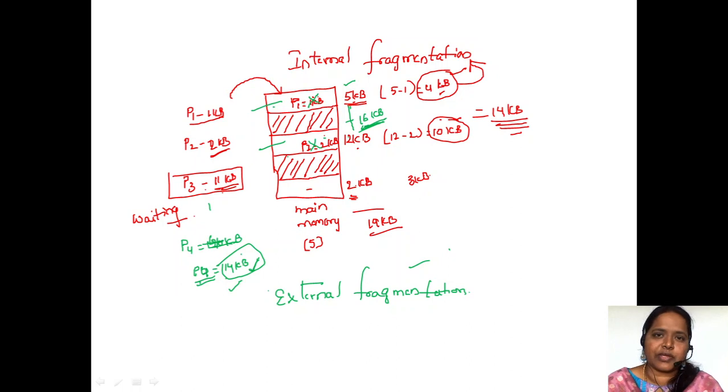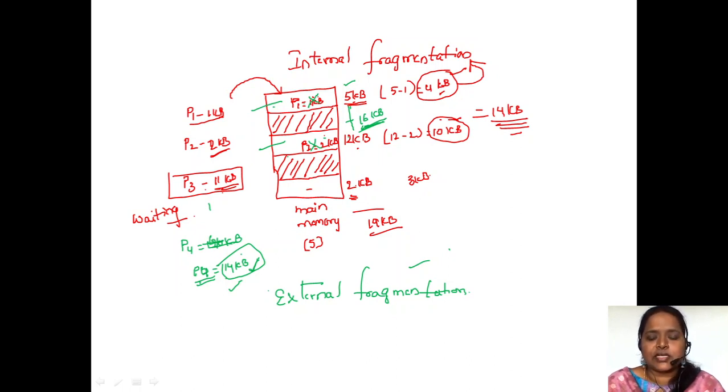Leftover spaces we call fragmentation. There are two types of fragmentation: internal and external. Internal fragmentation means whenever we allocate a process to a particular partition of memory, any memory left over in that partition we call internal fragmentation.